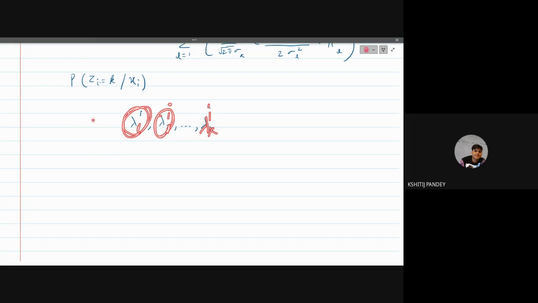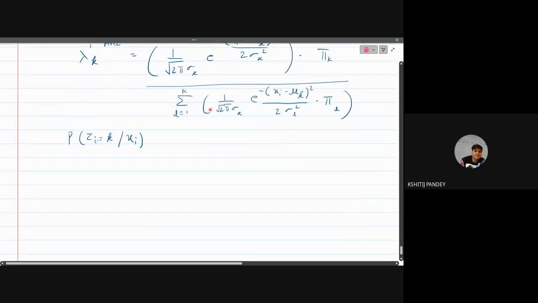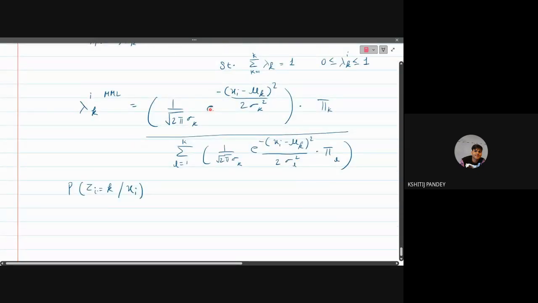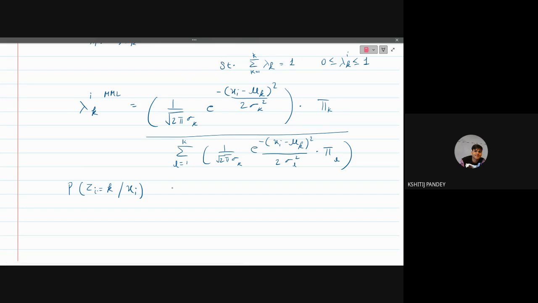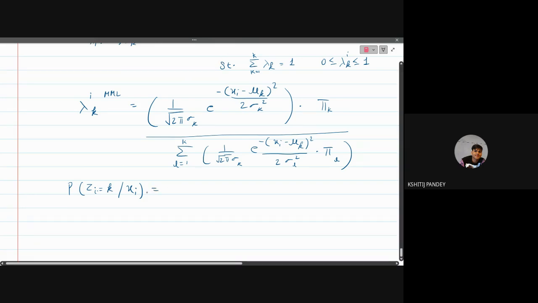That's why for each point you have k values of lambdas. So this is the probability of your ith point belonging to some mixture given the point. So is it clear what lambda ki is now?